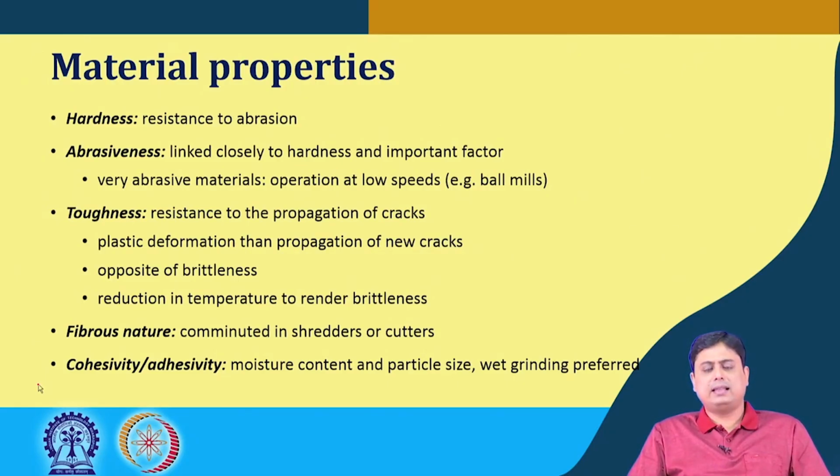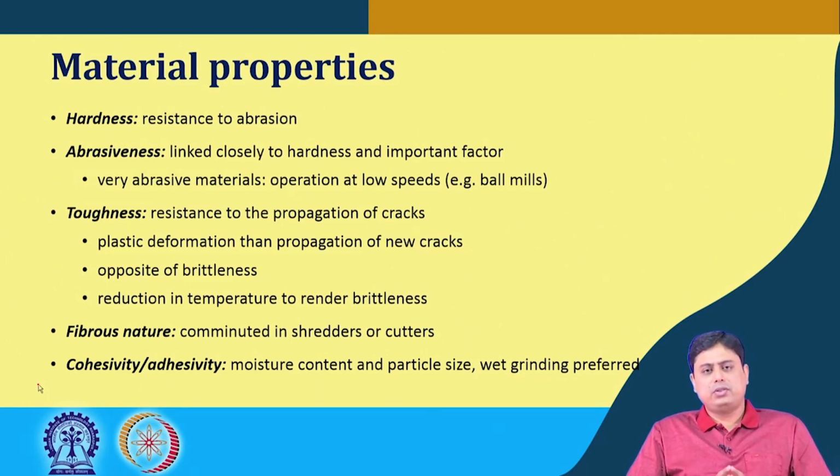Now, toughness is another important material property. It is the resistance a material provides to a crack or its propagation. The tougher the material, the more difficult it becomes to break, similar to hardness, and toughness is the opposite of brittleness.